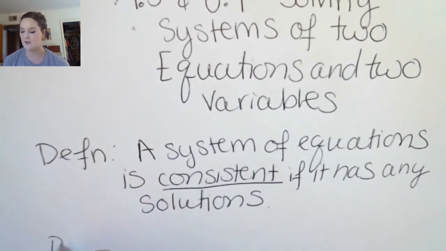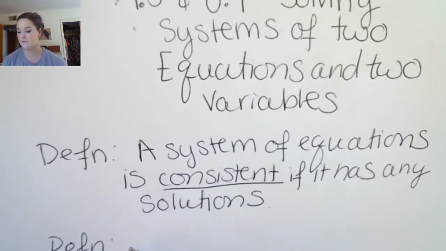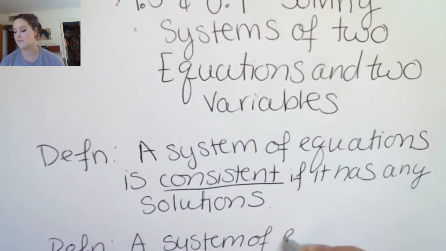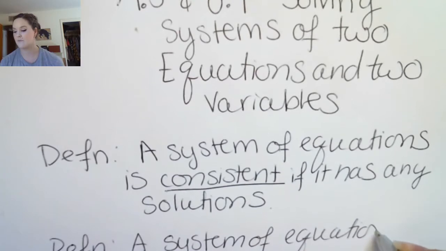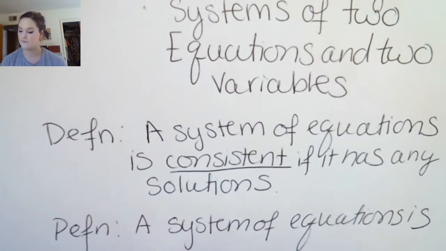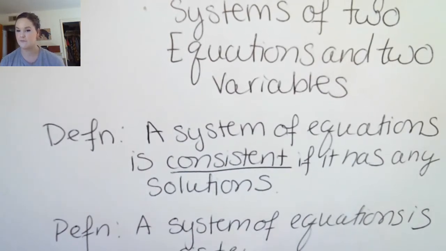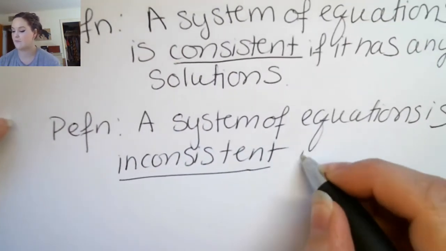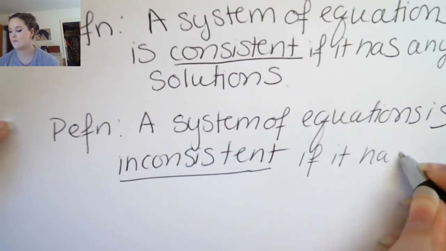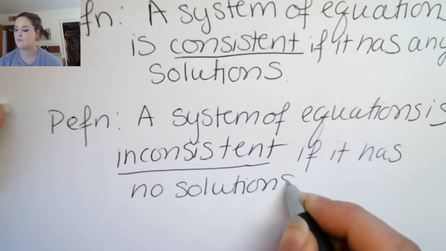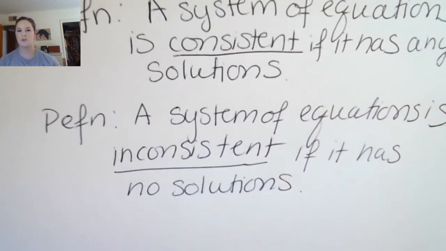Okay, so the opposite of that: a system of equations is inconsistent if it doesn't have any solutions.